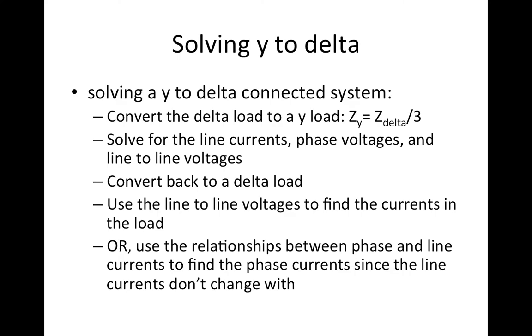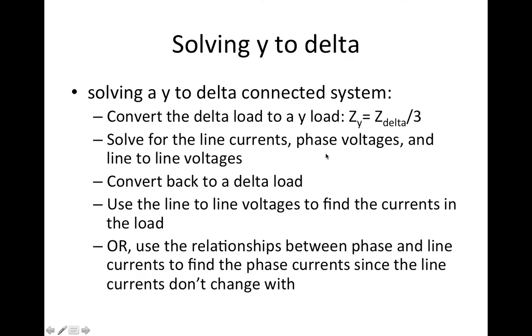So it's the delta to Y conversion that many of you probably skipped or didn't really go into in depth in circuits 1. Now once you have the delta load converted to a Y load, then basically the problem becomes just like the example problem we just worked, where you can do your single phase equivalent. And when you have your single phase equivalent, you're going to want to solve for your line currents, your phase voltages, and your line to line voltages.